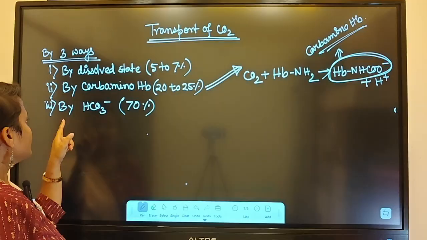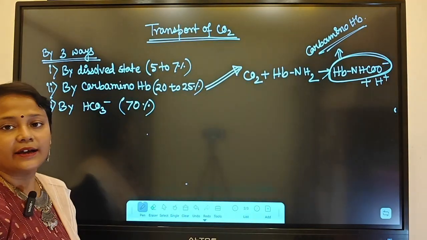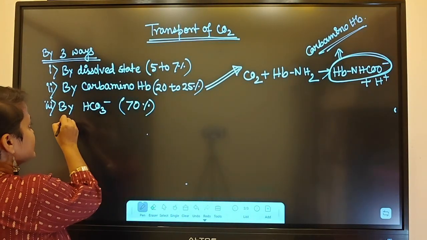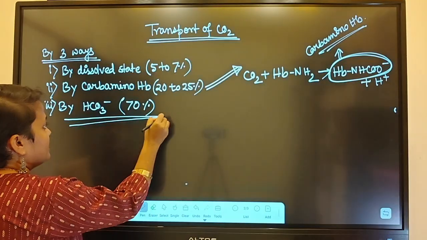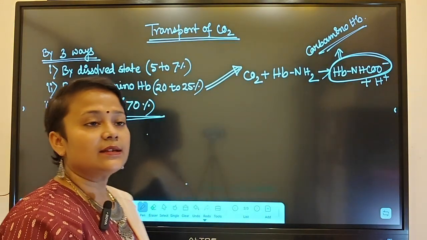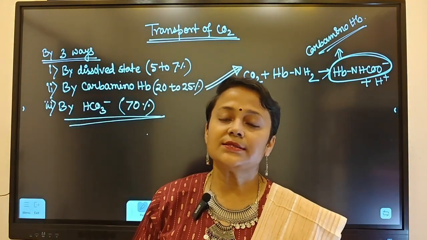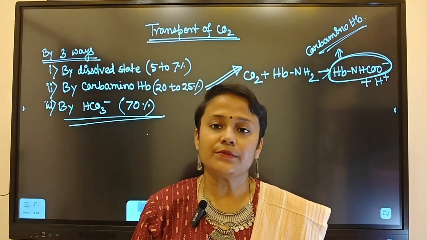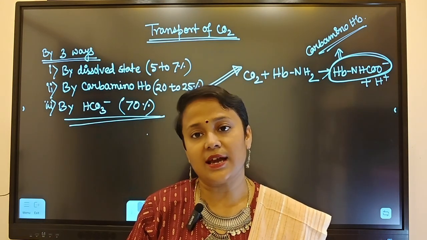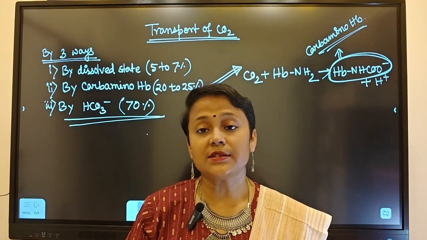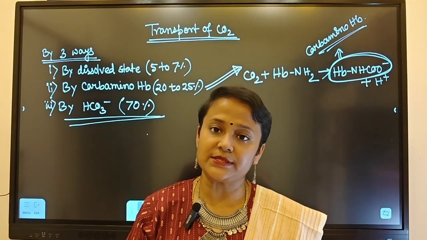Now coming to bicarbonate ion, we will discuss it in detail. In NCERT, we can see that there is an enzyme called carbonic anhydrase. Where is it present? It is present in RBC.